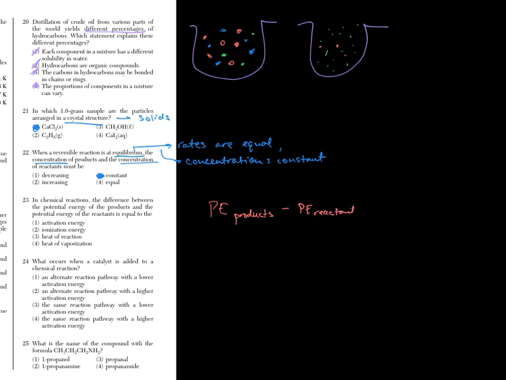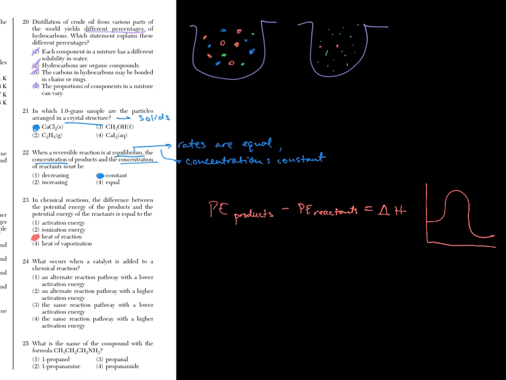This will give us our delta H. And what is delta H? That is our heat of reaction. So especially when you look at those potential energy diagrams, it's good to remember that it's always the difference between products and reactants. Products go first.